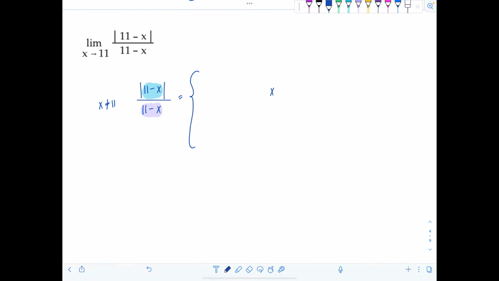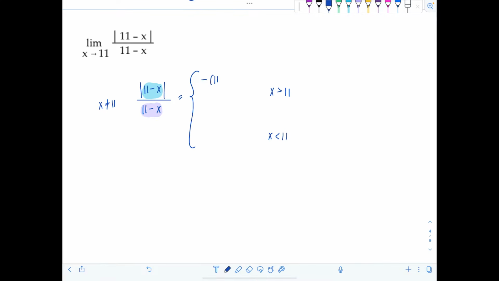So I'm going to have one portion for x greater than 11 and one for x less than 11, but neither is going to be inclusive because if x equals 11, the denominator is 0. All right? If x is greater than 11, 11 minus x, this stuff inside the absolute value, is negative. So taking the absolute value would change the sign, right? Take the opposite of that quantity.